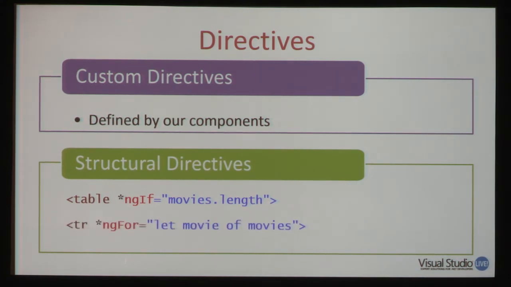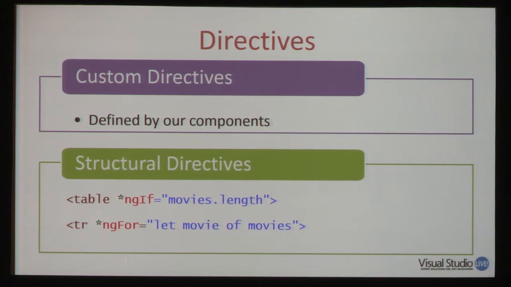The other one is ngFor, and if you are familiar with Angular 1, this is the replacement for ngRepeat. Again, it has an asterisk, and the syntax here is let movie of movies, which is very similar to our for each kind of thing. But this is using the ECMAScript 2016 for-of syntax. So if you've spent any time with ES 2016 yet, it basically matches that syntax.